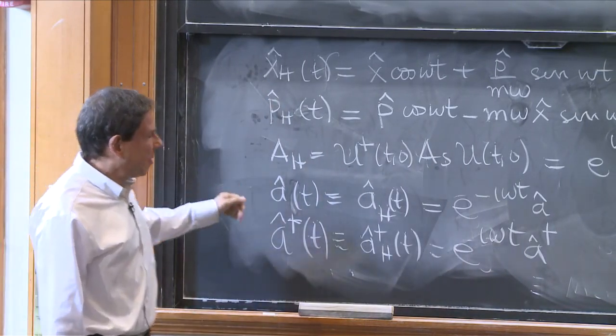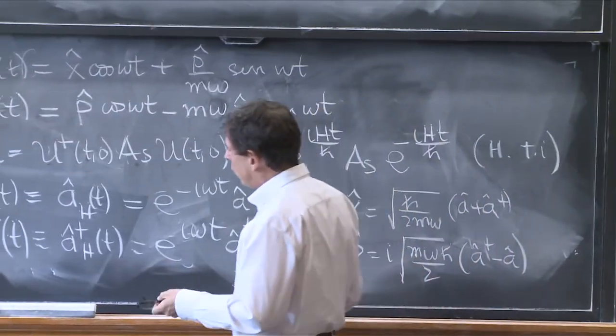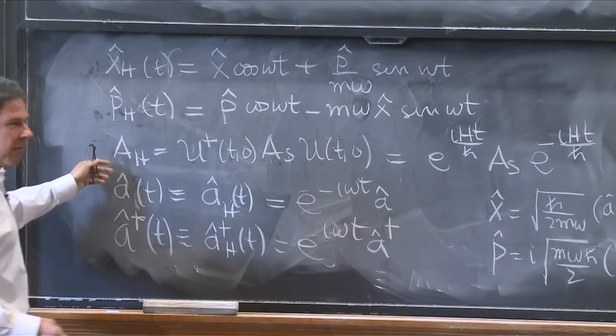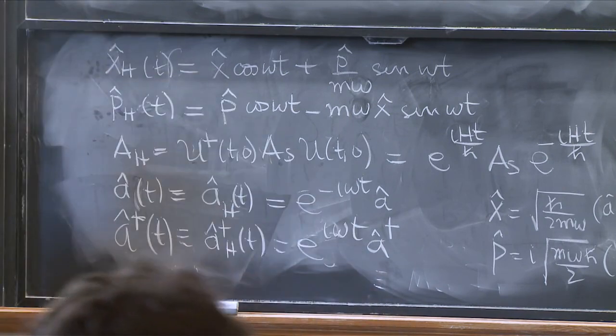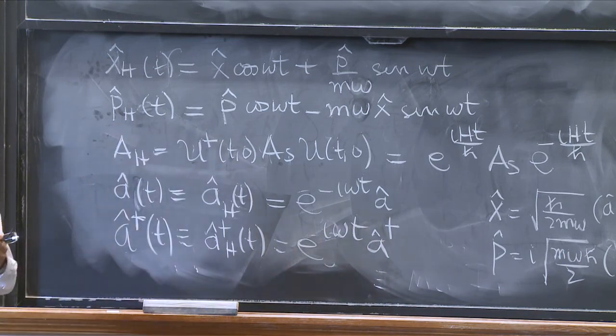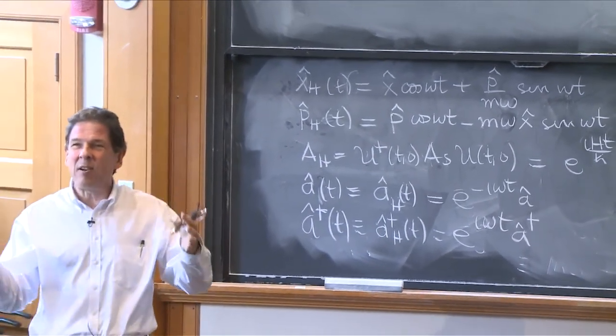Now, I suggested that you read, and you may do it later, there's no need that you've done it for today, the information on the time development of the creation and annihilation operators. You see, the A and A dagger are different versions of X and P, linear combinations.